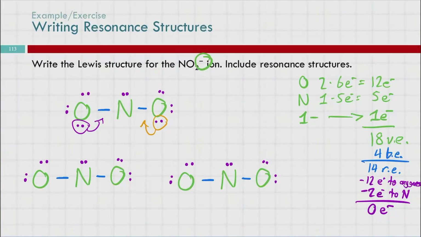Just erase some things here. And so we've got both options now shown, and we've got our resonance structure arrow in the middle. And if this were a short answer question on an exam where you got to write it out yourself, this would not give you full points.